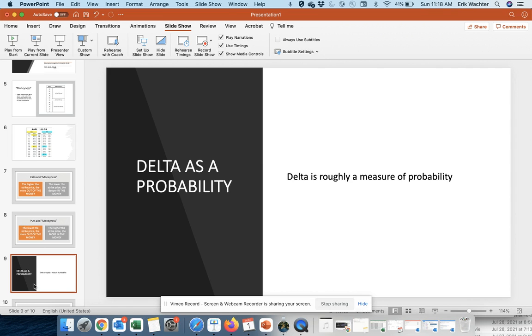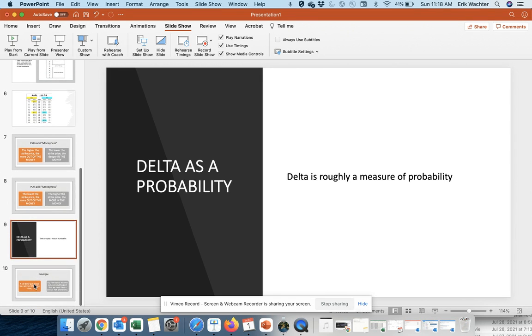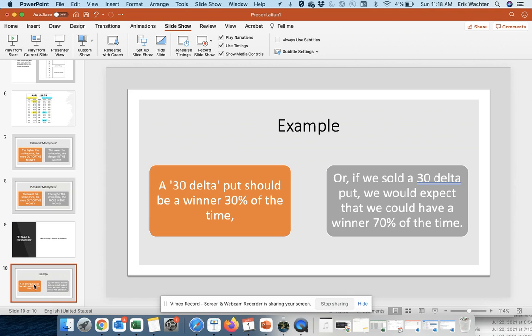Another way to look at delta is that it's roughly a measure of probability. If you buy a 40 delta option contract, you have basically a 40% chance of it becoming in the money and having value by expiration. Let's say we buy a 30 delta put.